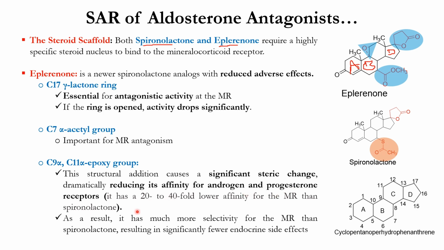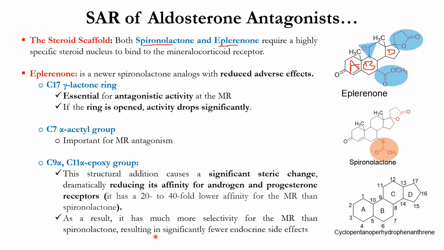When we compare the activity, it has 20 to 40 times lower affinity for binding to the mineralocorticoid receptors as compared to the spironolactones. As a result, it has much more selectivity for the mineralocorticoid receptors than the spironolactones.